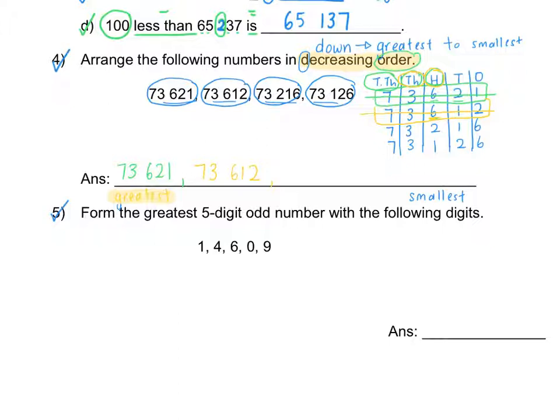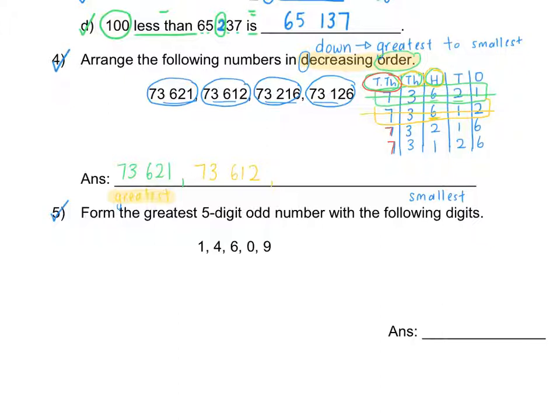Let's go on and look for the next greatest number. So similarly, we are going to compare starting from the greatest place value first, which is 10,000s. Focus on the digits in the 10,000s place, the remaining 2 digits. Which digit is greater? They are both the same.